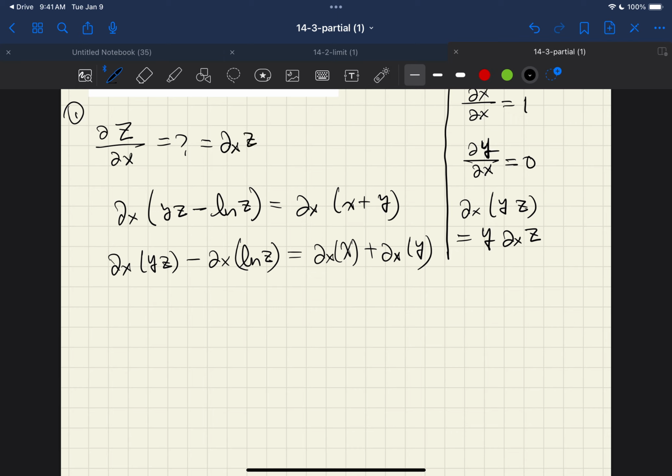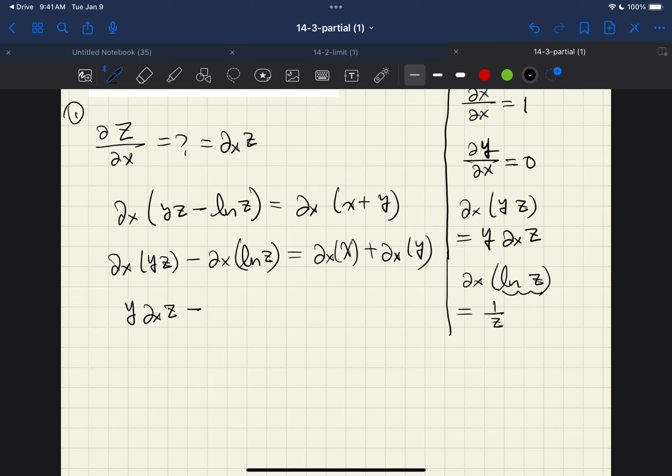So the first one is y partial x z minus. And for the second term, partial x log z, we have to use chain rule. If we take the log z derivative, then this is 1 over z, but we're not taking the derivative with respect to z.